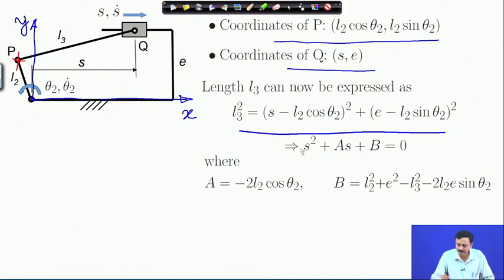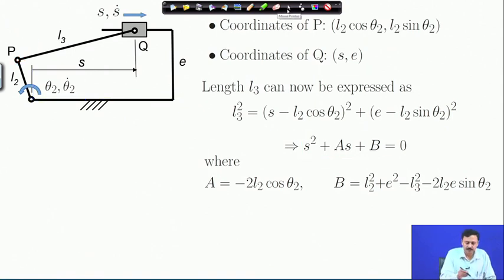So, we have the relation between s and theta 2. Theta 2 is in these two expressions of A and B. We were previously finding out s given theta 2. This was the displacement analysis problem.